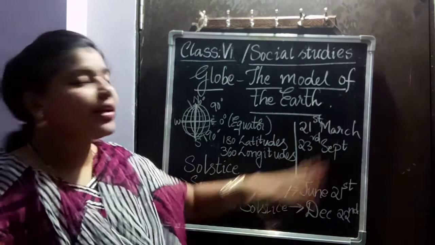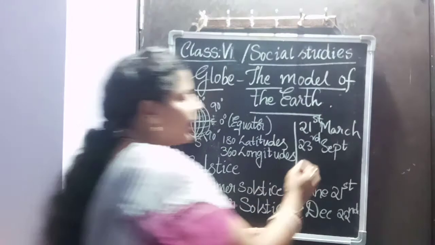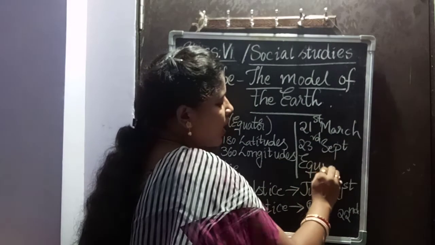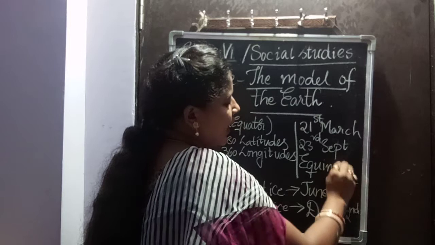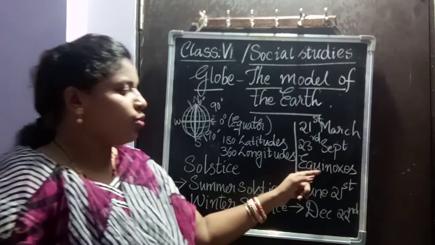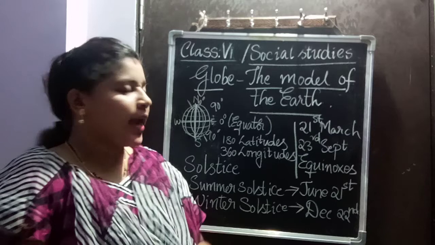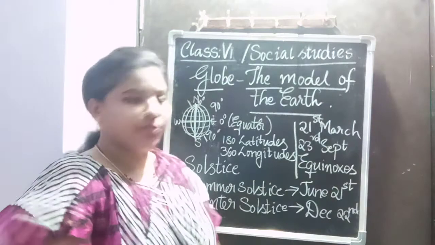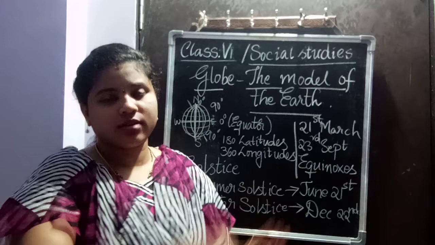This is known as equinoxes. E-Q-U-I-N-O-X-E-S, equinoxes. This is the time period where the earth experiences equal days and equal nights.